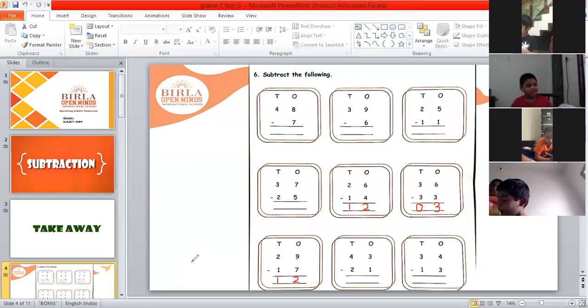Now, Bhavashwat, you read next question. Second last question. You read it. What is in tens place? See, you have to read that. It's 4, 3, 43. Read it.